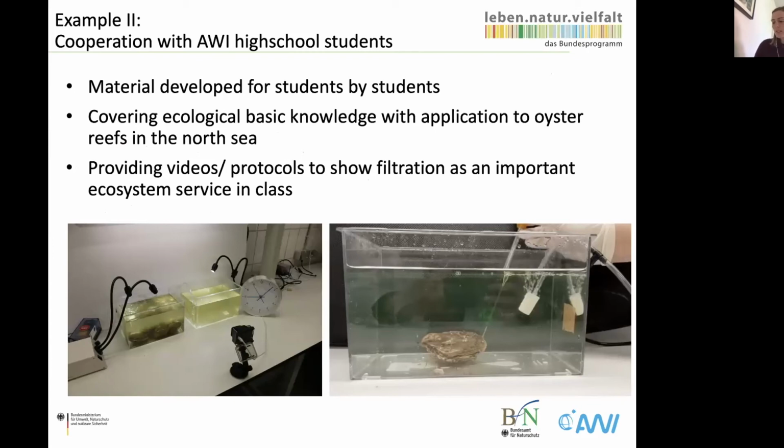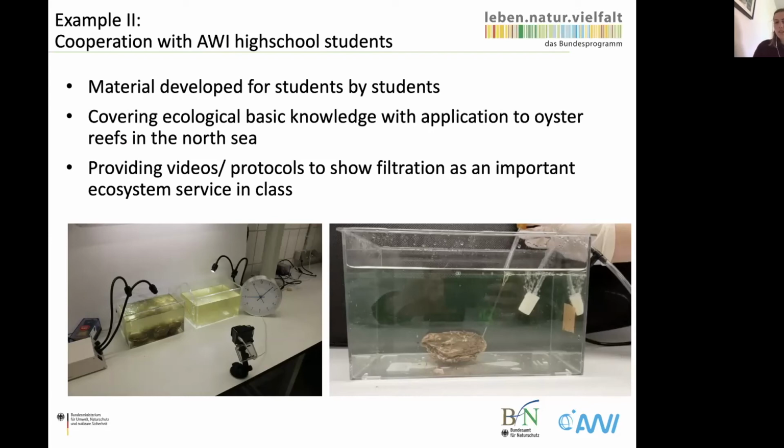They immediately said they don't like the group puzzle, the way it was done so far, so they would never come up with something like that. So they did it differently, and they are now developing the material to cover this whole basic ecological knowledge, and then use it on the oyster reefs of the North Sea. So kind of an application to it.